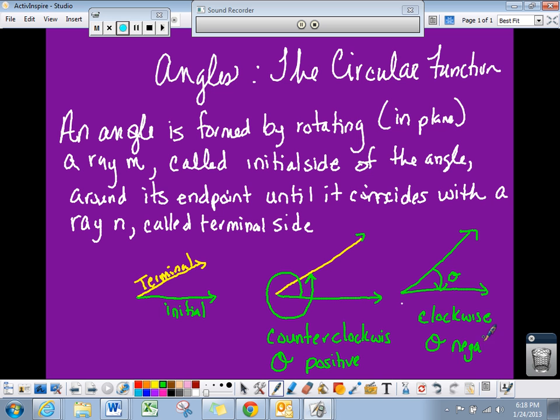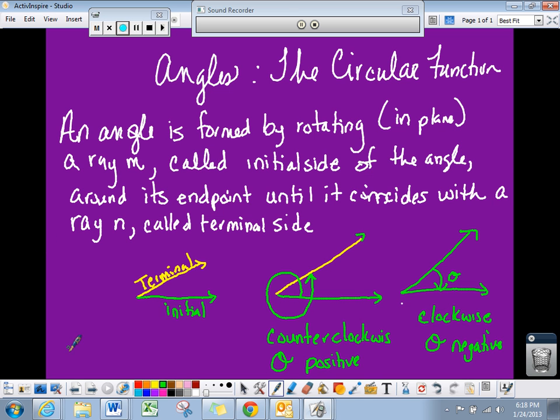Now this is different from when we were talking about our lines of travel. Lines of travel is talking about due north. This has nothing to do with due north. So whenever we go clockwise with our angles, we call those our negative angles.